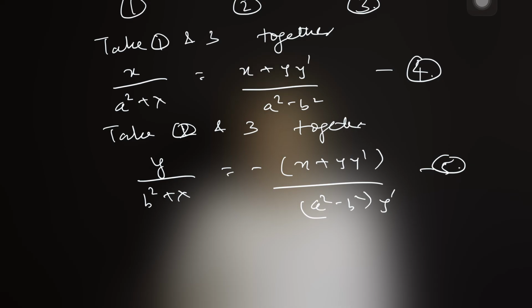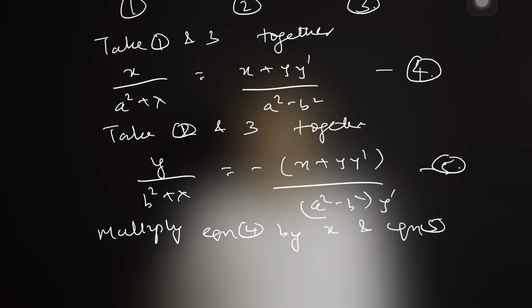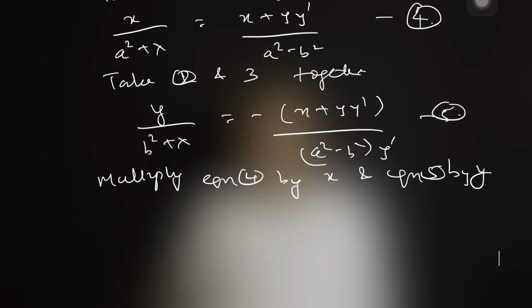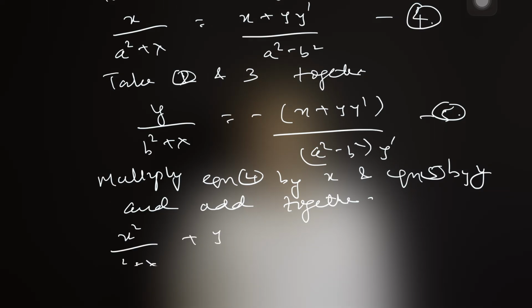So if I call this equation 5, and if I multiply equation 4 by x and equation 5 by y and add them together, what do I get? I get x square upon a square plus lambda plus y square upon b square plus lambda, and I see these fellows together common.